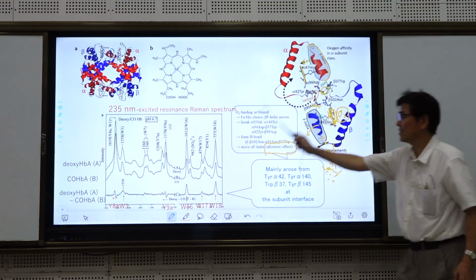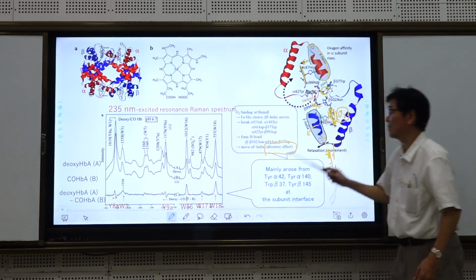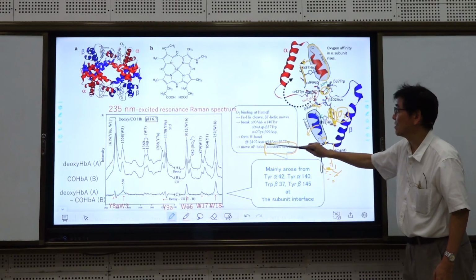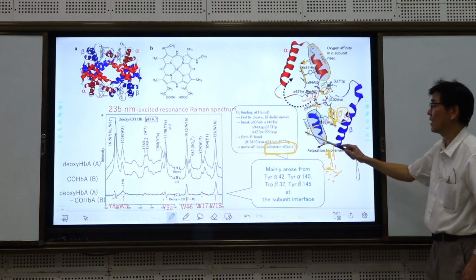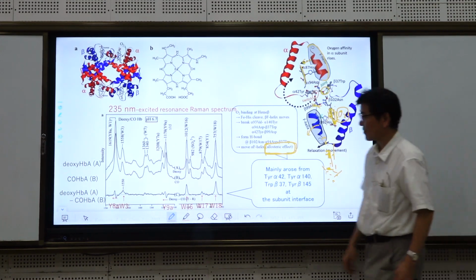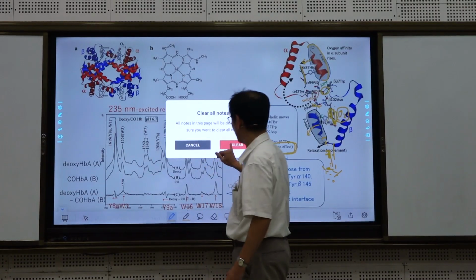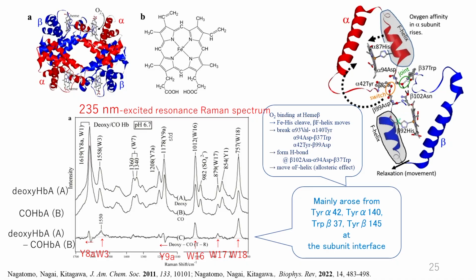So by analyzing this difference spectrum, they could explain the molecular mechanism of allosteric effect. Okay? So this is a very representative achievement of Raman spectroscopy and its application to protein structure analysis.